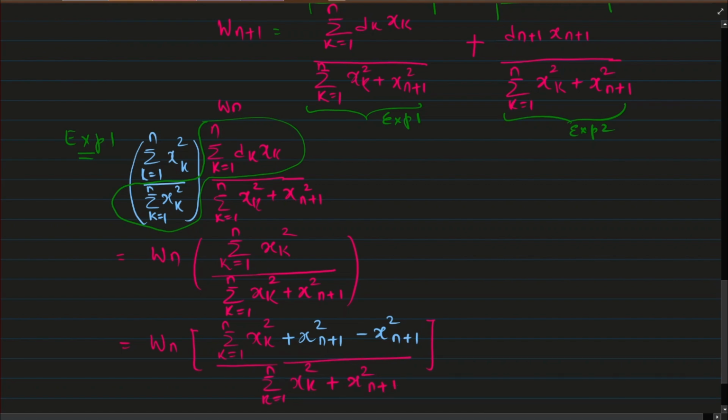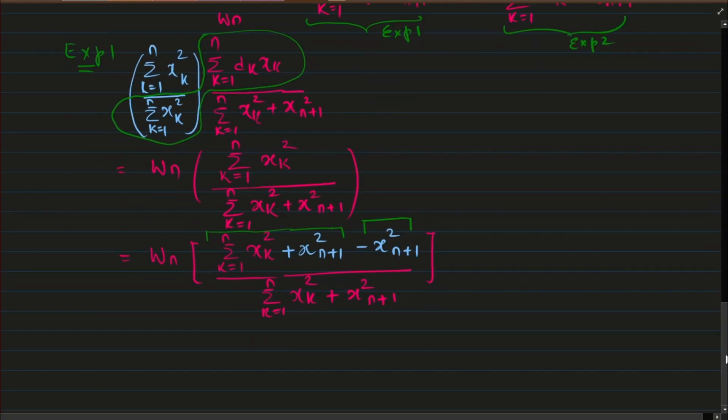Now once again, I'll split this into two parts. The first part is this, and the second part is this. And essentially what will happen is, you can see clearly that for this part, the expressions in numerator and denominator are the same, and they will cancel out. So this is how it will look.